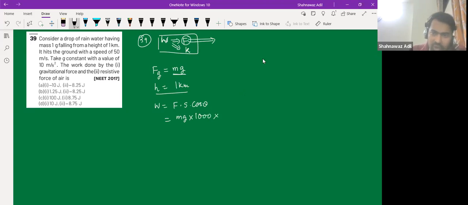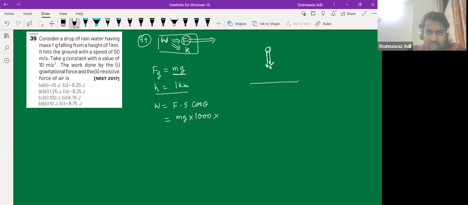And theta is what? Force is downwards, and displacement is again downwards, so what would be the angle theta? Force is downwards, and the body is moving in the downward direction.